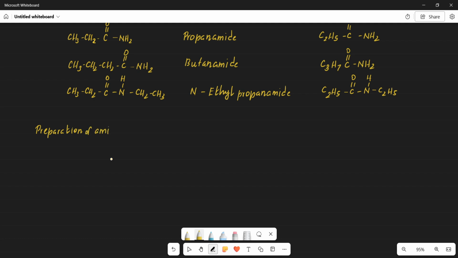The first one is acid chloride, which is treated with concentrated ammonia. Acid chlorides are highly reactive, so at room temperature itself this reaction happens. You will get amide and hydrogen chloride.